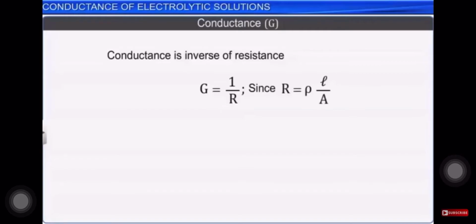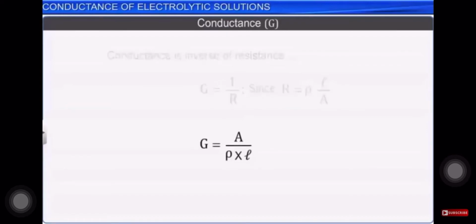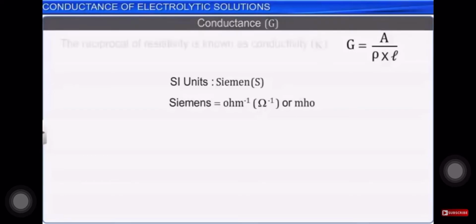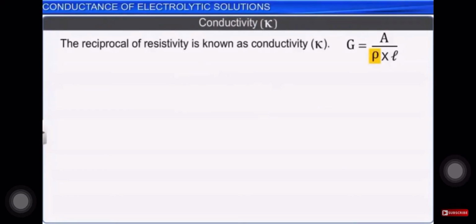So G is inversely proportional to R. Since R has the value rho L upon A, G will be A upon rho into L, and its SI unit is Siemen. The symbol is S. The Siemen is equal to ohm inverse, or we can say mho. Now if R is in ohm, then its reciprocal will definitely be 1 upon that.